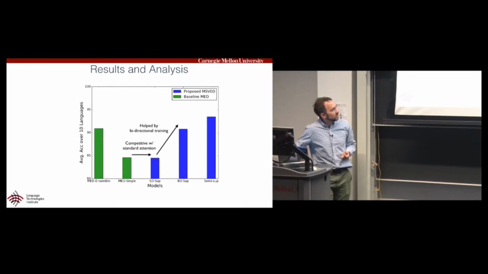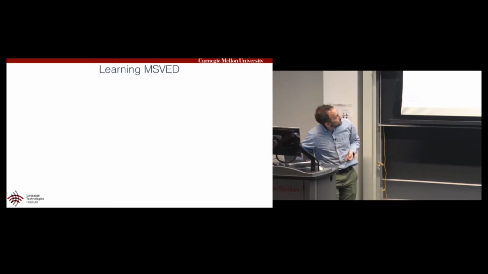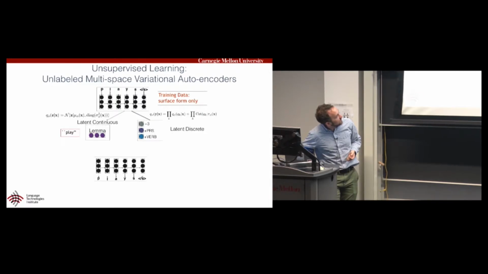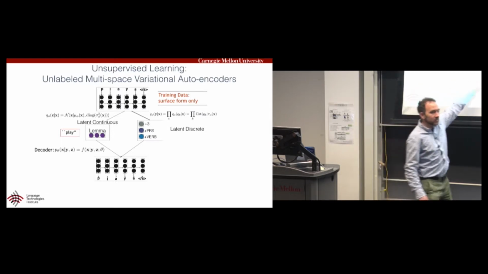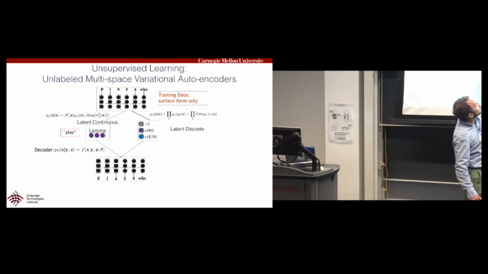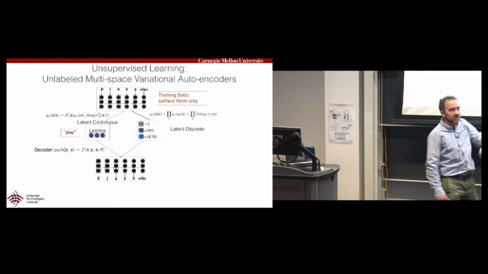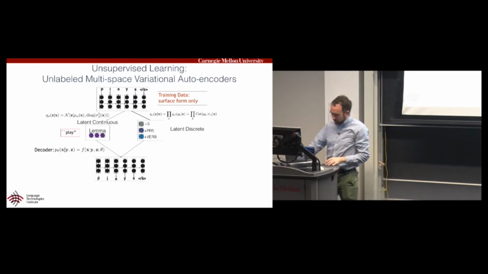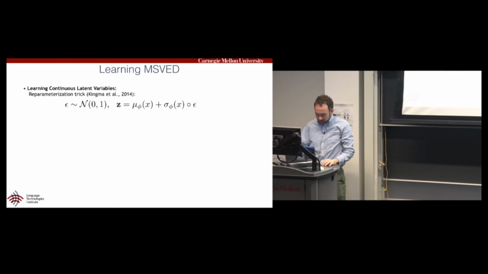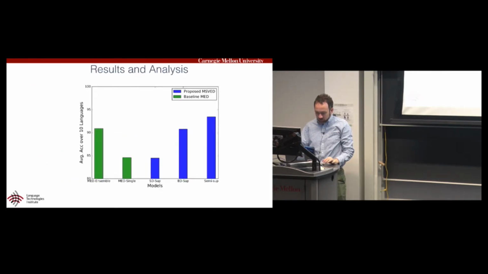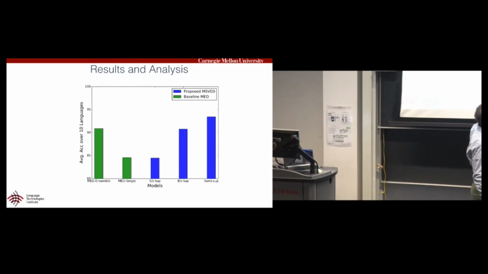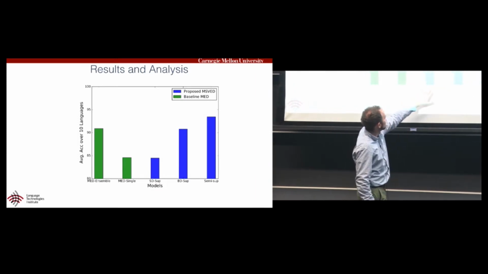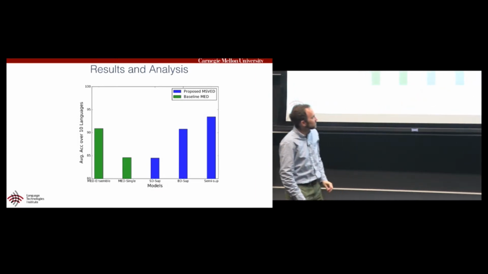We're not directly looking at the input characters when we generate the output. We're first encoding all of the input characters into this single continuous vector and then generating the output. So the thing that I think is pretty interesting and impressive is that despite the fact that we're encoding everything about the input characters in a single vector, we're still able to get competitive accuracy compared to this.